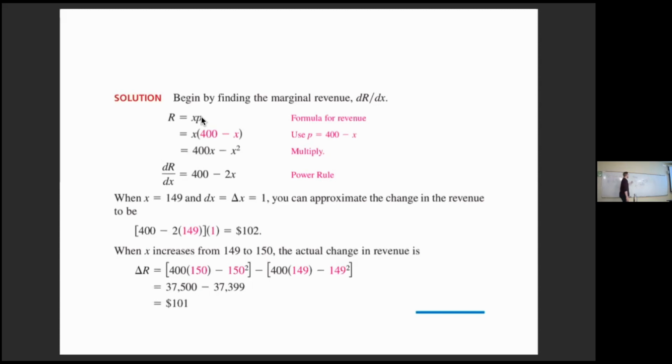So x times p is playing the role of f of x, and r is playing the role of y here. Make sense? And in that case, these equations just turn into this. Is everybody cool? Like I said, we worked through it and found all of this.